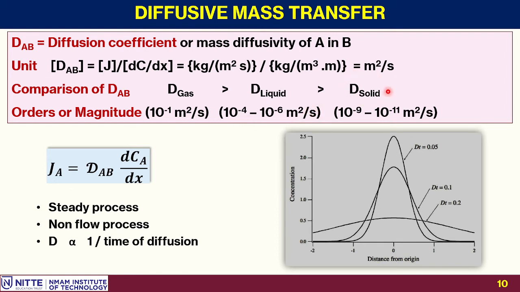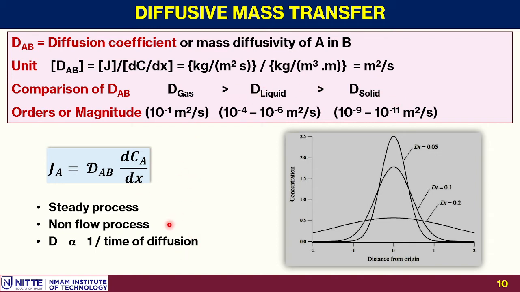Then the solids have very low diffusivity. They have very little freedom for movement. They can move slowly, liquids move a little faster, and gases move very fast. So the diffusivity of gas is largest, solid is lowest, and the liquid falls in between.